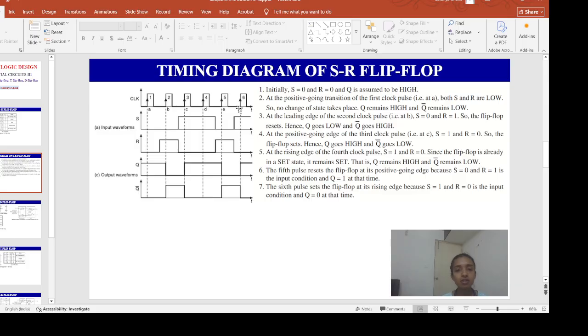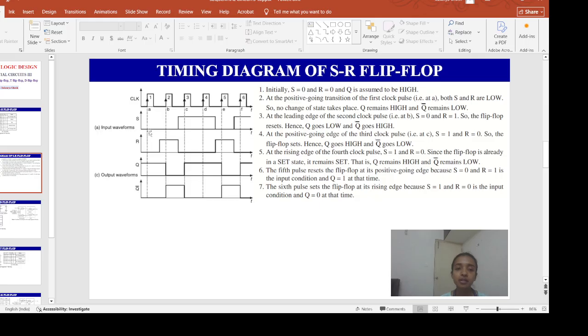That means the state transition will occur whenever the positive clock pulse appears. These are my input waveforms: this is the state of S, this is the state of R, this is the Q state, the normal output, and this is the inverted state of the output. Initially, when both S and R are 0, Q is assumed to be high.